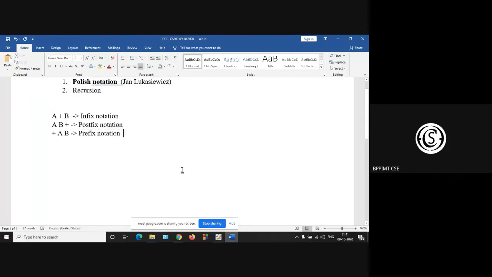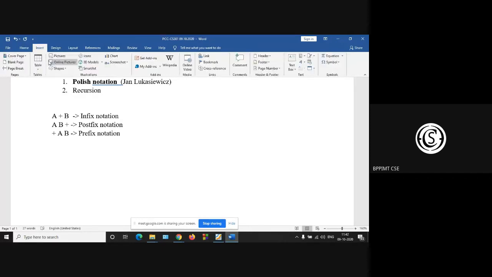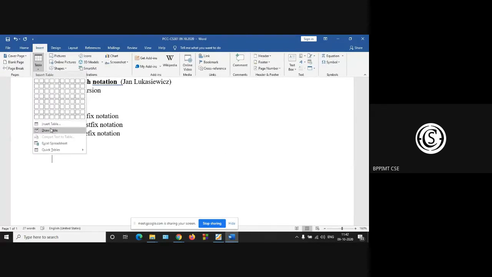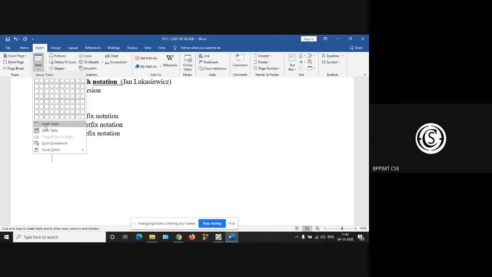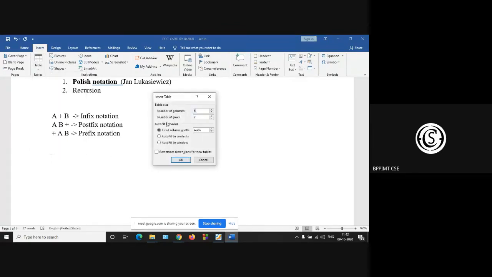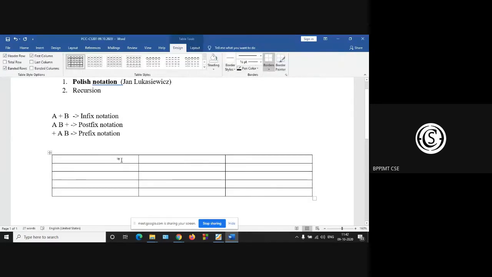So what are the rules? First of all, you have to know the priorities. The first column is the operator.